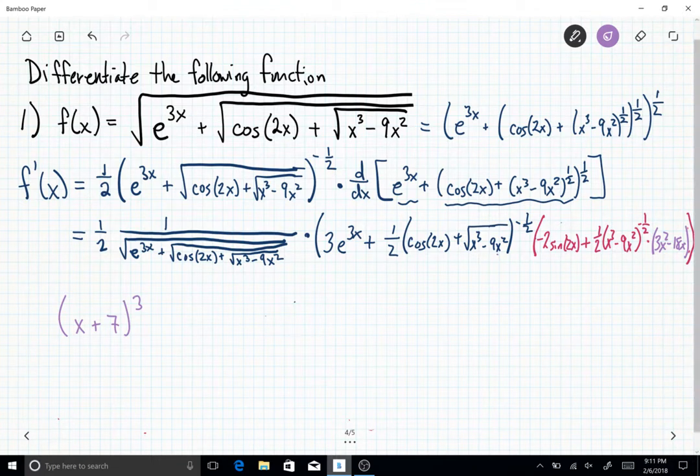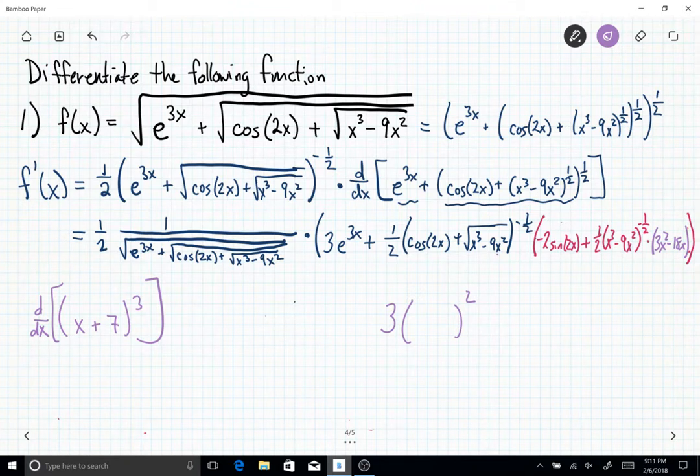If we want to find this derivative, what some people say is, well, I can just shortcut: take the derivative of the outside and then put the derivative of the inside in there. So if you did that, you'd take 3, and then we'll have this squared, and the derivative of the inside is just the derivative of x, which is 1, and the derivative of the 7 is 0. So it would just be 3, right?